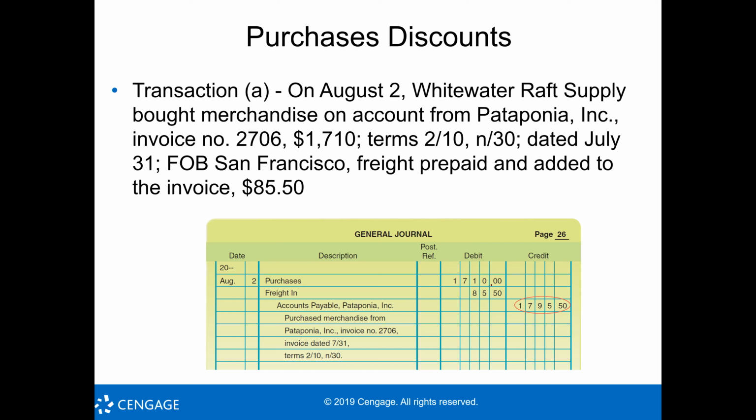So again, we've seen this entry before: debit purchases, debit freight in, credit accounts payable. So this is periodic, right? Periodic inventory system. We know that because we're using that purchases account. With the perpetual inventory system, we do not use that purchases account.